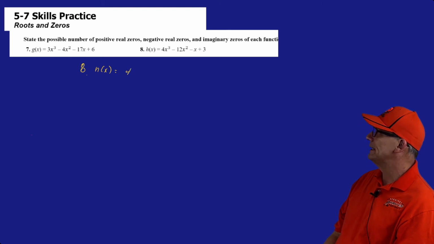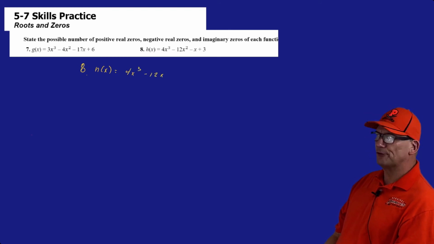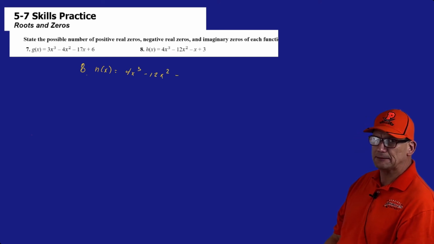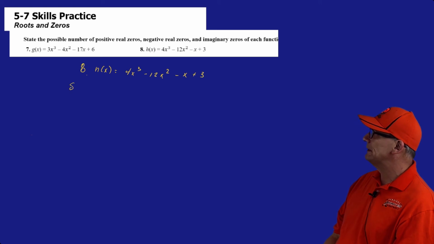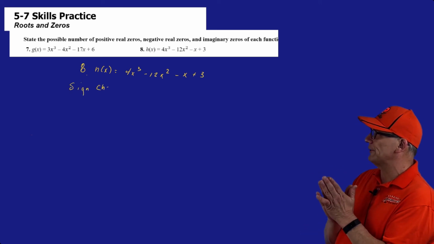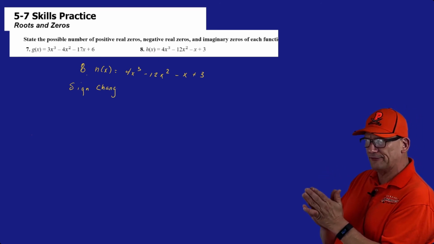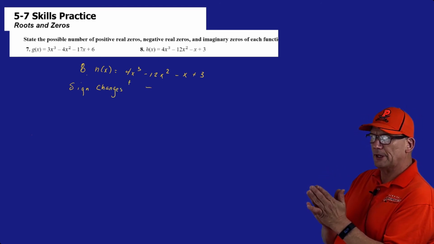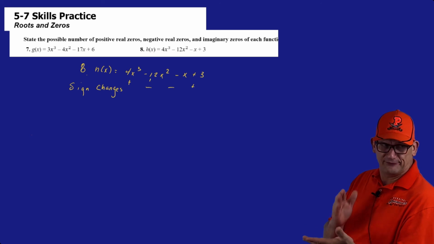All right, so I want to do 8 because I want to go through this one more time and make sure I've explained it well to you. So the first thing we're going to do, to find the positive solutions, is count how many sign changes.